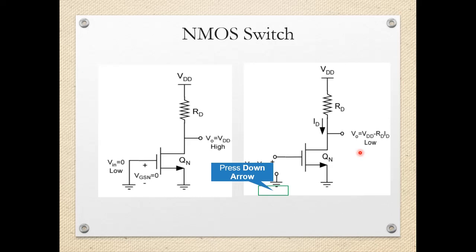So the output will be VDD minus the drop across this resistor, that is ID RD, where ID is the drain current and RD is the resistance connected to the drain terminal. So this is the output voltage. It is low, but it is not equal to 0. We are expecting that the output voltage should be 0 for the logic low condition, when the input is equal to logic high.